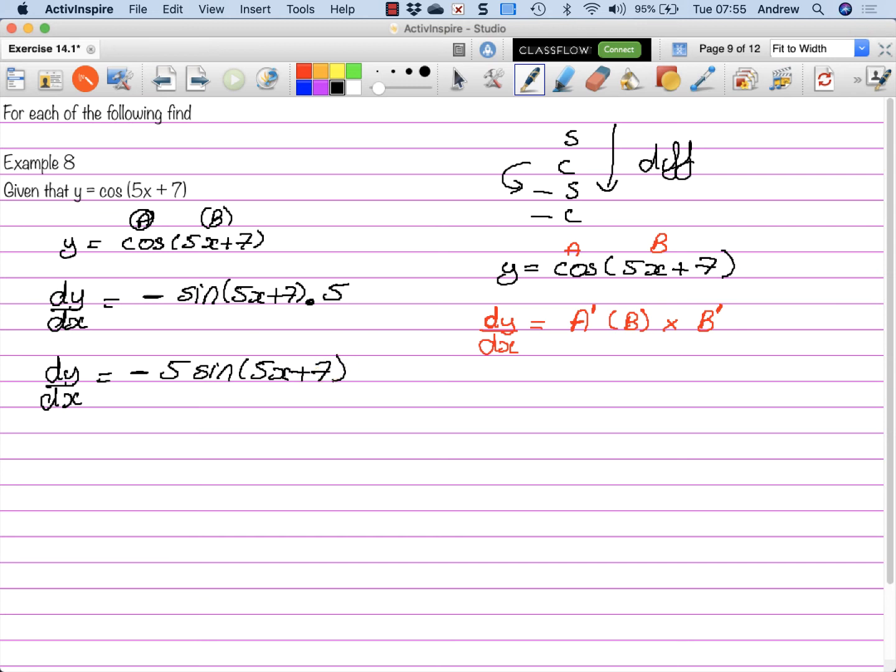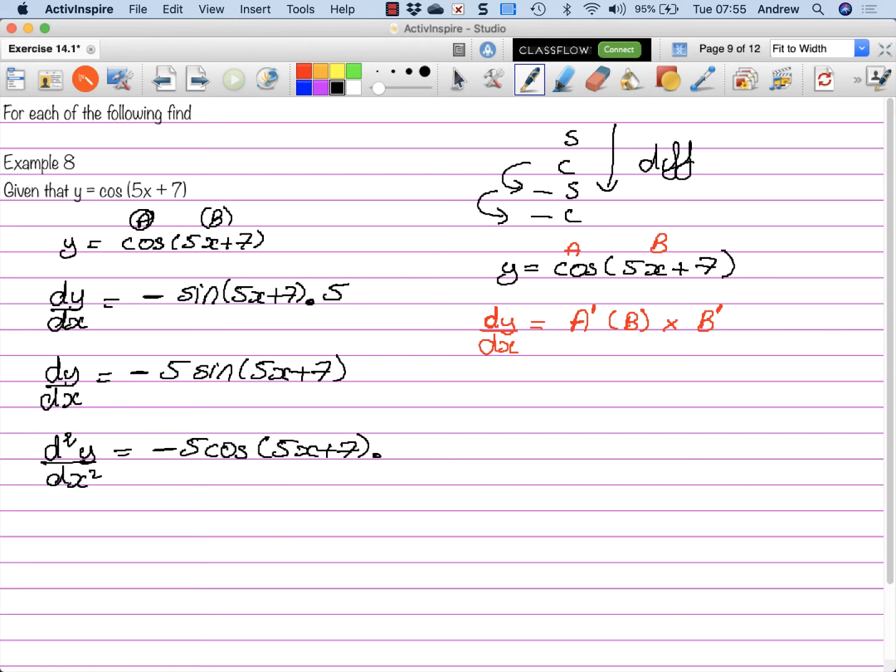And we're now going to be differentiating a minus sine function, so it becomes minus cos. So differentiating dy/dx becomes d2y by dx squared. And differentiating a minus sine becomes a minus cos, but the rest of it does not change.